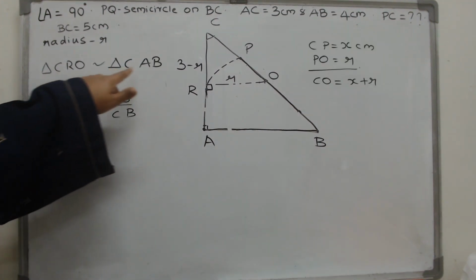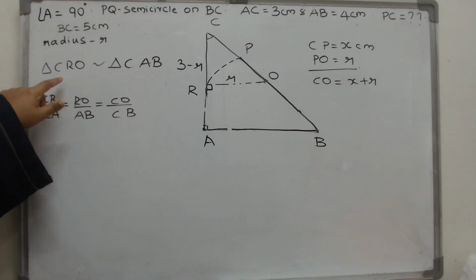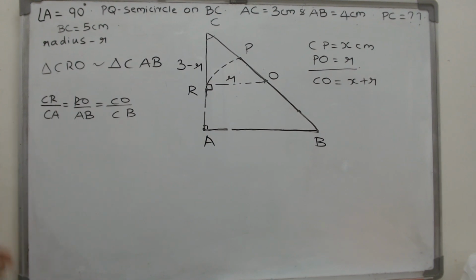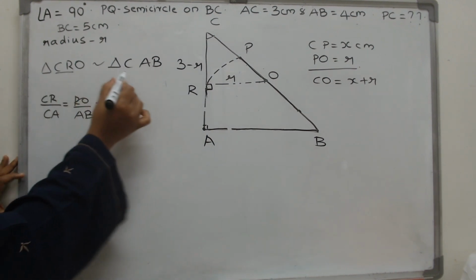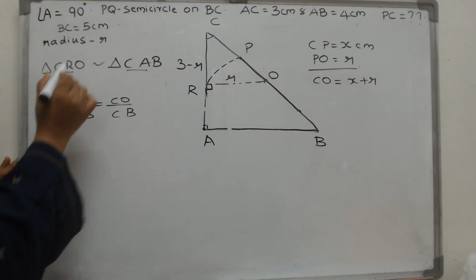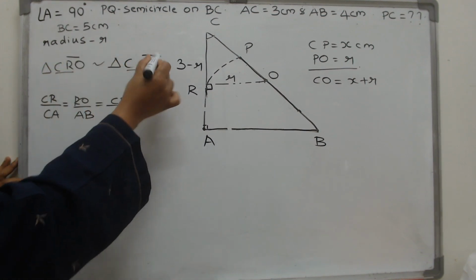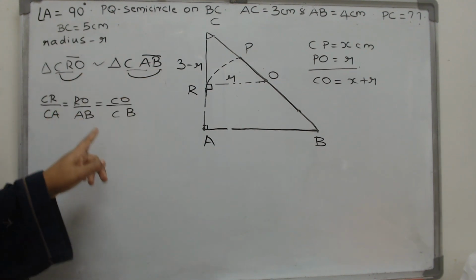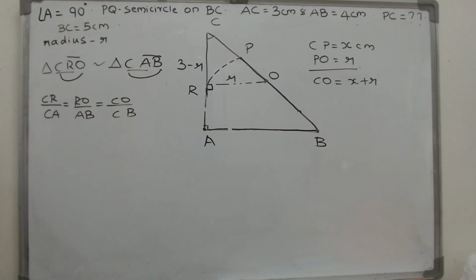Now, once we have proved that these two triangles are similar, then what follows? The ratio of their corresponding sides are equal to one another. The ratio of these first two sides will be equal to the ratio of the second two sides, and then the third two sides. All the three ratios are going to be equal.